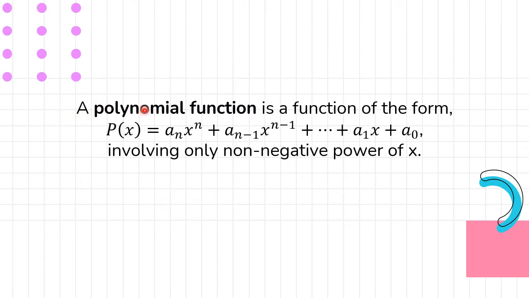Okay, so a polynomial function is a function of the form p of x is equal to a sub n x raised to n plus a sub n minus 1 x raised to n minus 1 plus and so on plus a sub 1 x plus a sub 0, involving only non-negative powers of x.